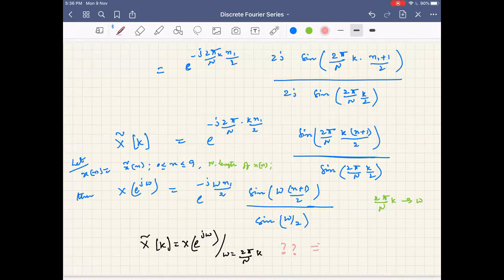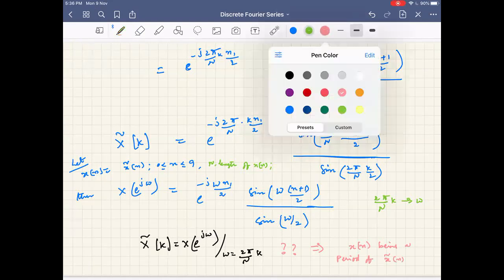Does this also imply x of n being a period of x tilde of n? If so, when?